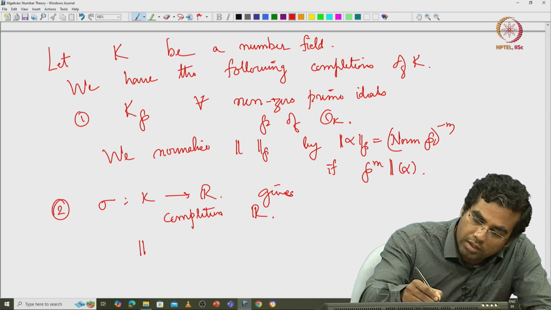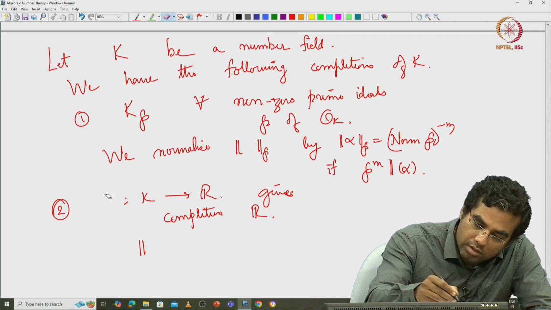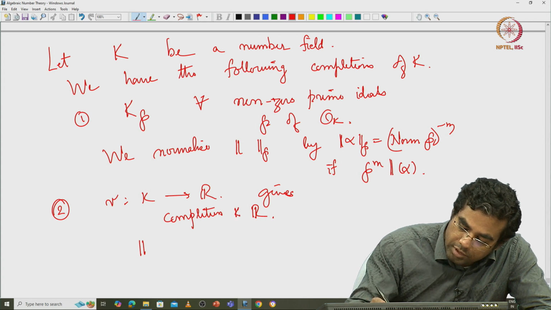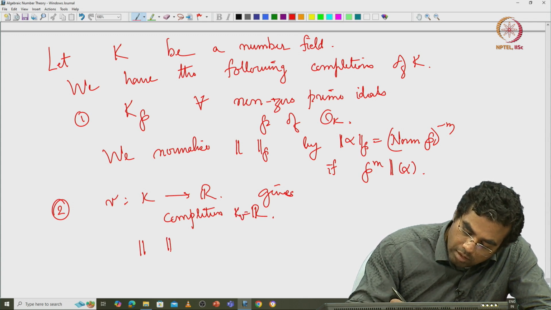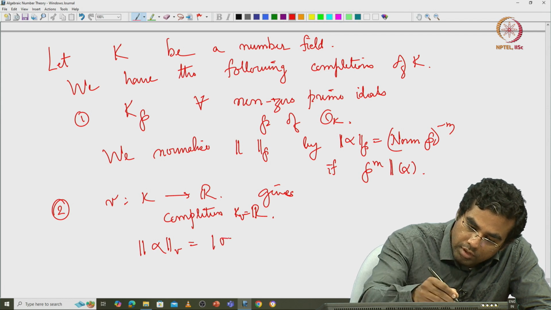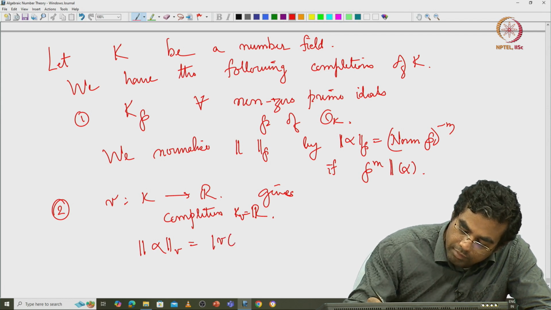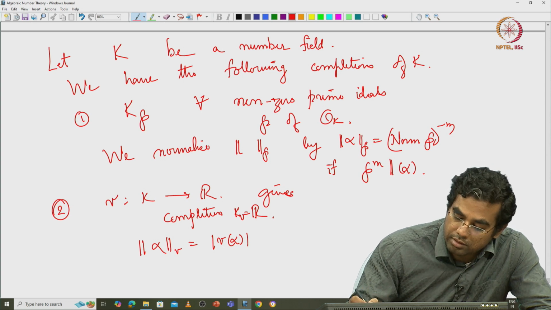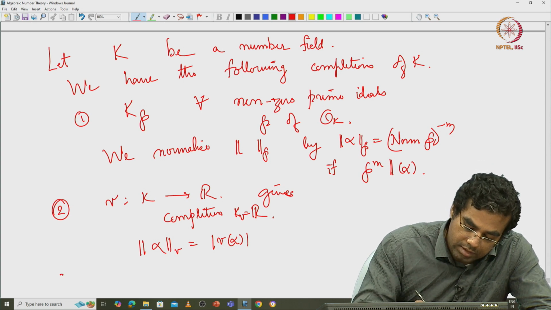It is usually customary to denote these places as V. So, let me say V alpha, sub V. You take the embedding V of alpha and you take the mod of that. That is how I normalize this.